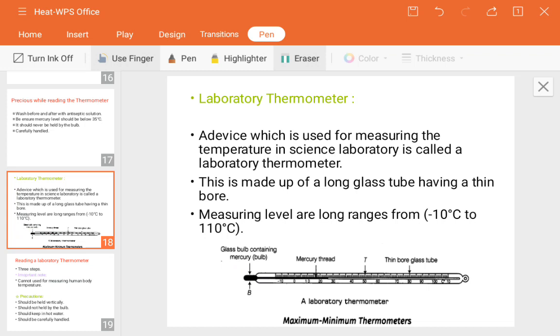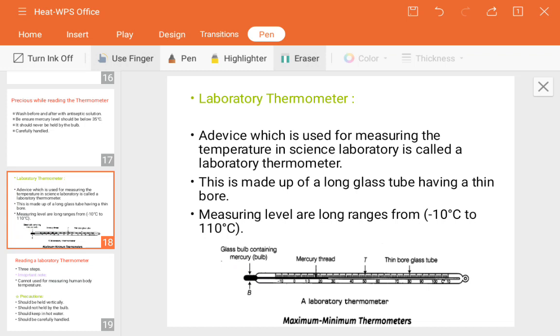Next, after some time the mercury will stop rising and stand at one place. Why will it stand at one place? Because it will rise only as much as the temperature of the water. Now read the temperature on the thermometer tube which corresponds to the top of the mercury thread.